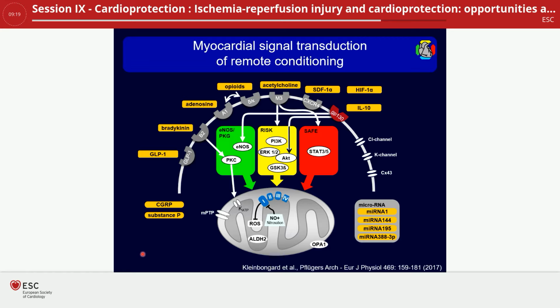The green one is a pathway that involves a NOS, that is NO synthase, PKC, and protein kinase G. The yellow cluster is the classical survival kinases, AKT and ERK, and then there's also a cytokine-induced third pathway which involves the STAT system. And all of these kinase signaling systems that are activated in the cell somehow converge on the mitochondria to make the mitochondria work better in the sense of less ROS production and better respiration.